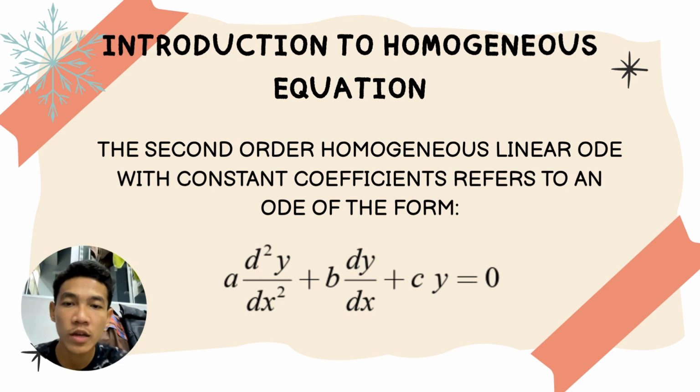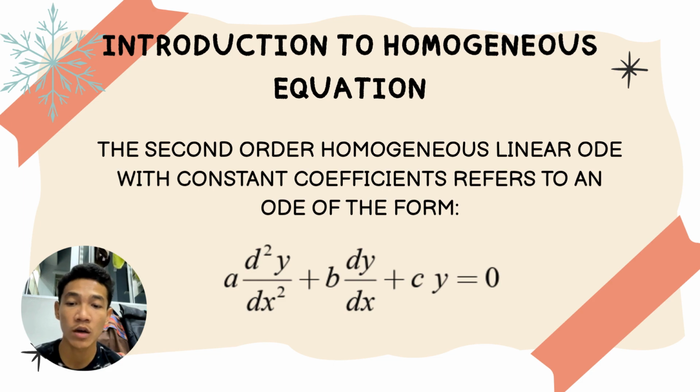Okay, for the next slide is introduction to homogeneous equation. The second order homogeneous linear ODE with constant coefficients refers to an ODE of the form a d squared y over dx squared plus b dy over dx plus c y equal to 0, where y is the unknown function, dy over dx and d squared y over dx squared are the first and second derivatives of y, and a, b and c are constants.